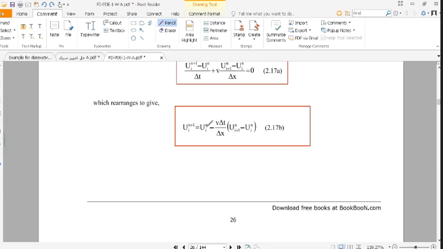Please be careful. In the right hand side, we have n, again n, and again n. All of u at the right side is at t equal to tn, and the left hand side is based on n plus 1.